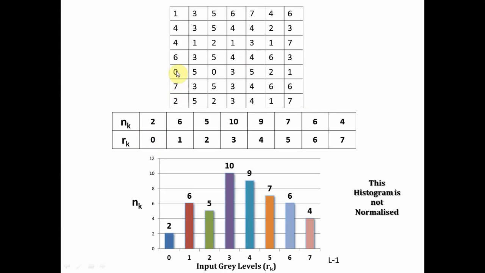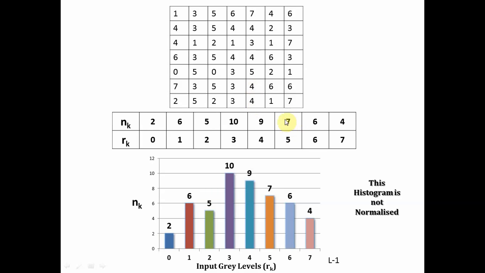Gray level 0 has 2 pixels. 1 has 6 pixels. 2 has 5 pixels. 3 repeats 10 times. 4 repeats 9 times. 5 repeats 7 times.